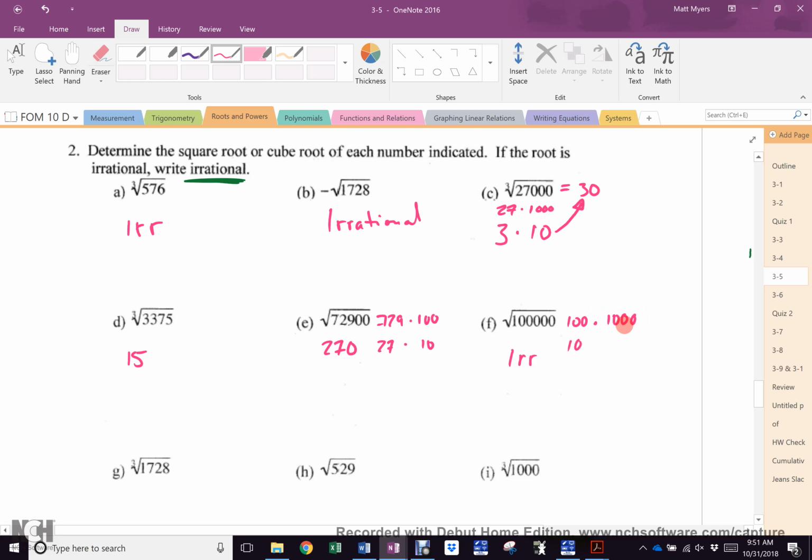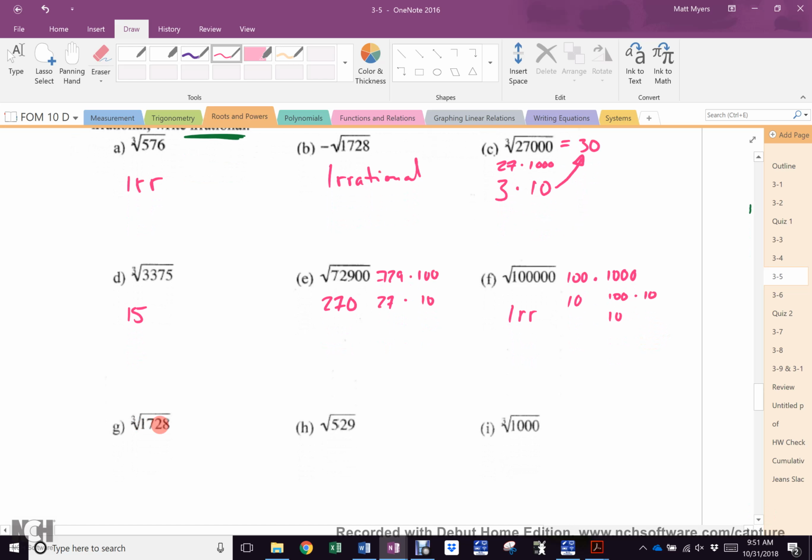It has a cube root, right? Because this 1,000 breaks down into 100 times 10, yes? That's got a square root of 10, but 10 has no square root. As soon as you get to something without a square root, you're irrational. Right? Okay.